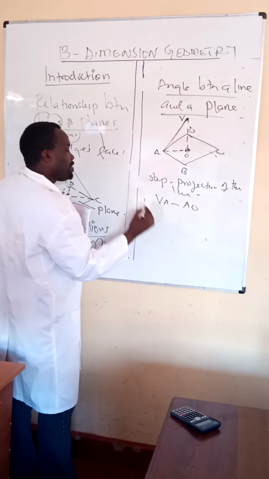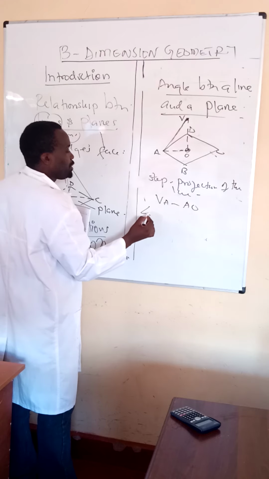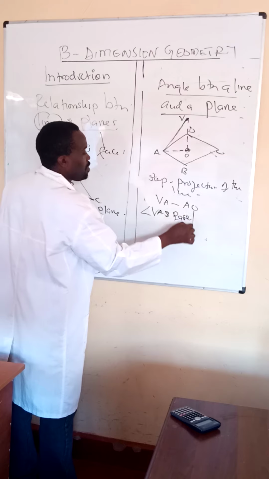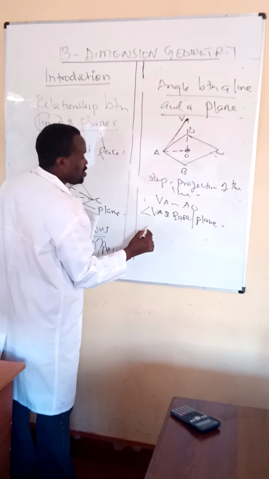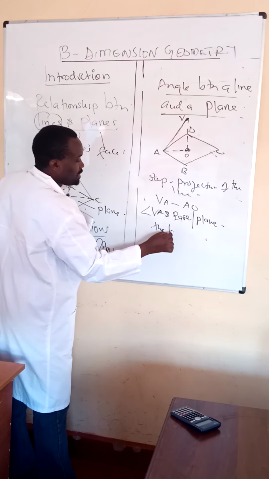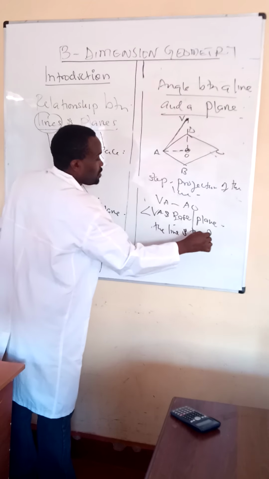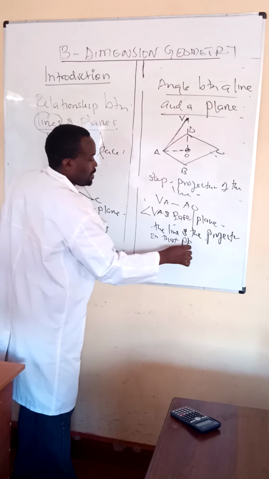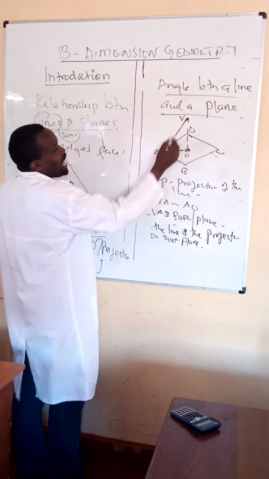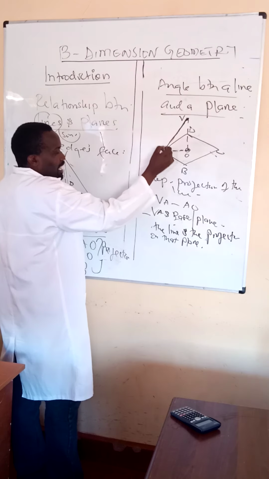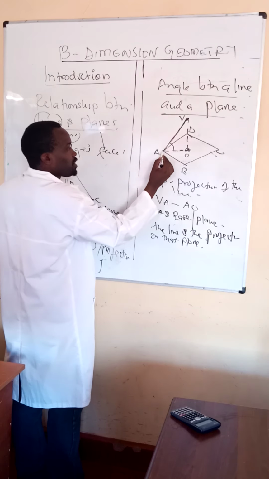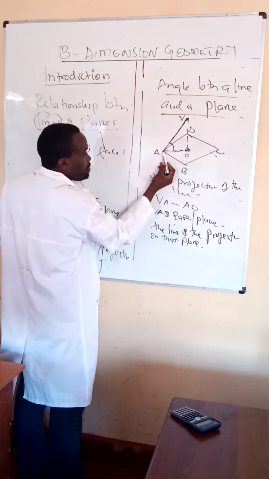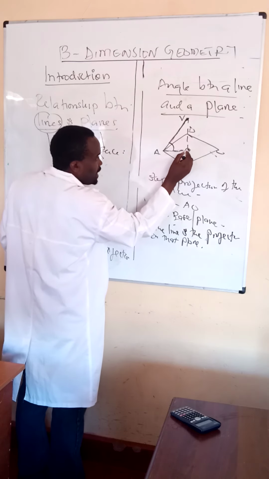Then the angle between VA and the base, which is our plane, is the angle between the line and the projection on that plane. Remember this projection is on the plane.